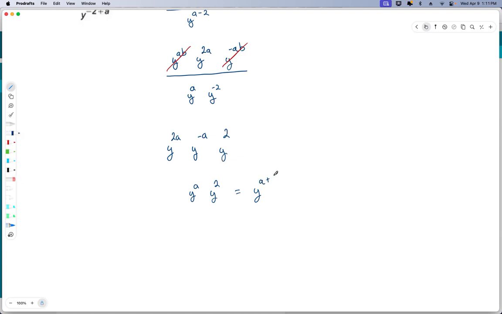And if it doesn't take it like that, you can say y^(2 plus a). It's going to be one of those. I'm not sure which one it's going to be. But you can just type this one in and then type that one in to see which format it is. And I might actually have both of them in there, so it might not matter. All right, that is the first problem.